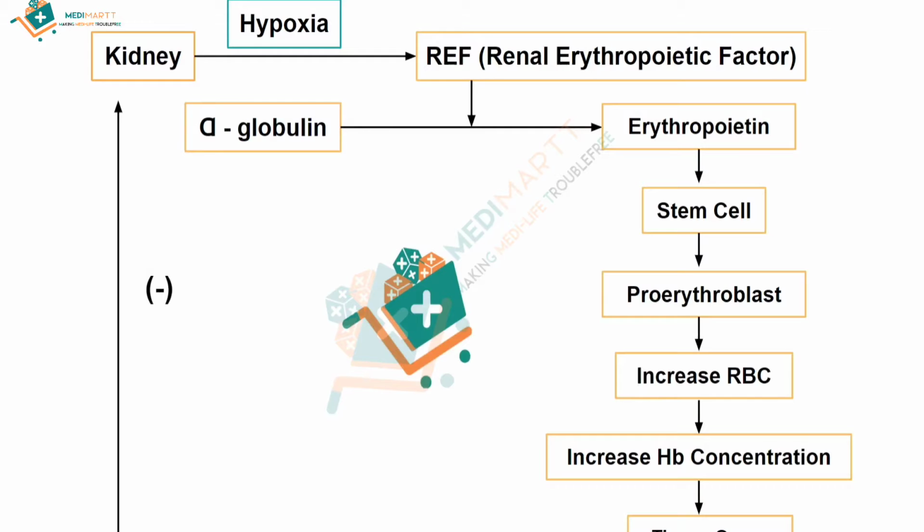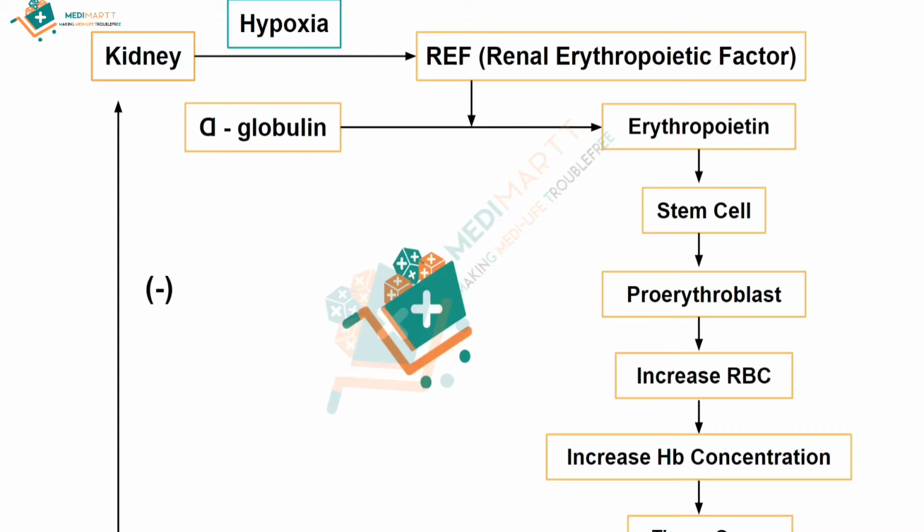Then erythropoietin acts on the stem cells, then the proerythroblast, and increases the RBC number. It also increases the hemoglobin concentration, because when RBC increases, hemoglobin concentration automatically increases.